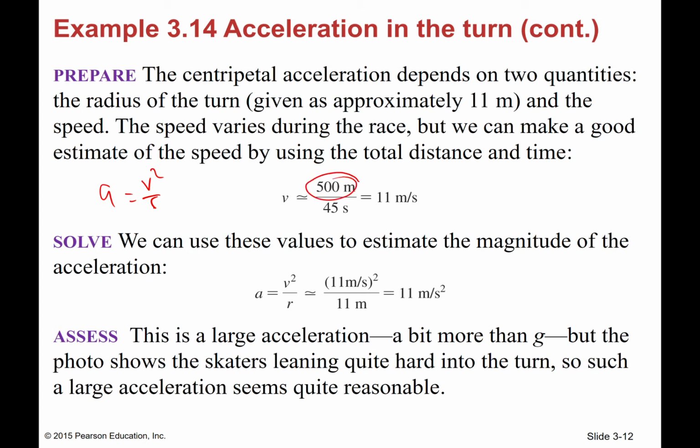The velocity is 500 meters in 45 seconds, which gives me 11 meters per second. I know the radius is 11 meters, so I can do 11 meters per second squared divided by 11. That gives me 11 meters per second squared. So that is the acceleration. As a point of reference, remember that gravity is 9.8 meters per second squared.